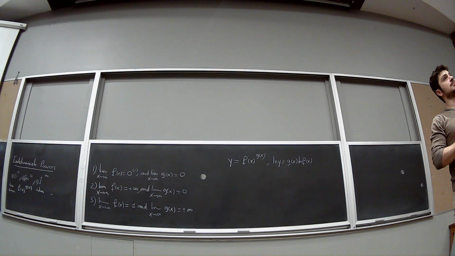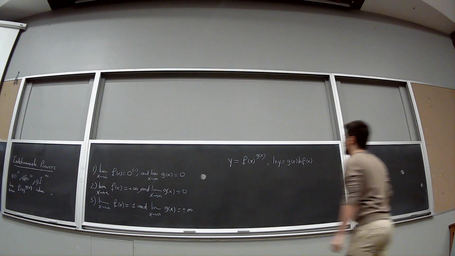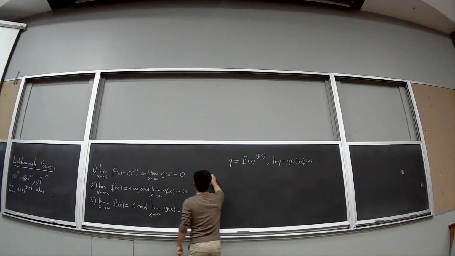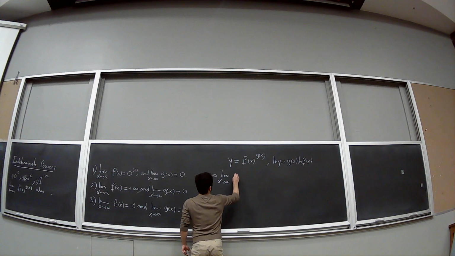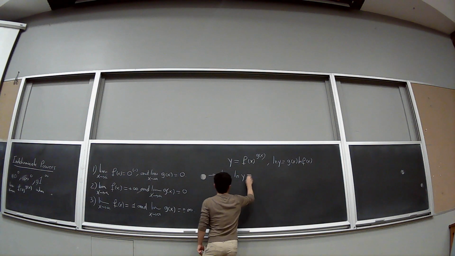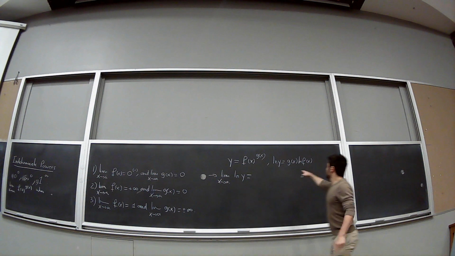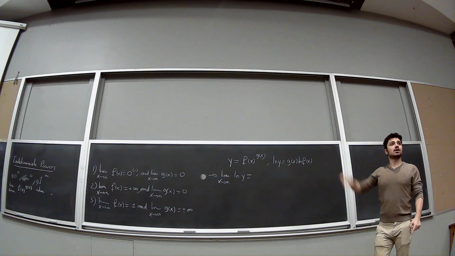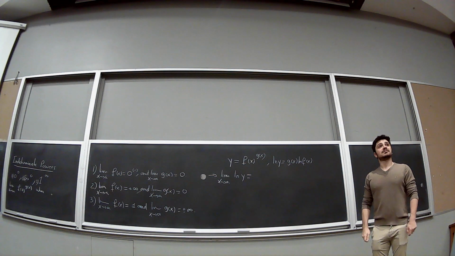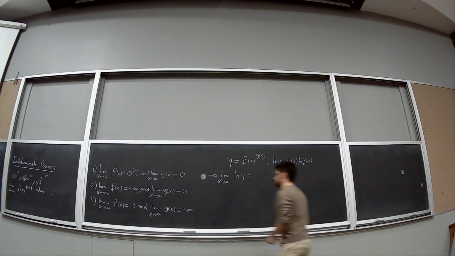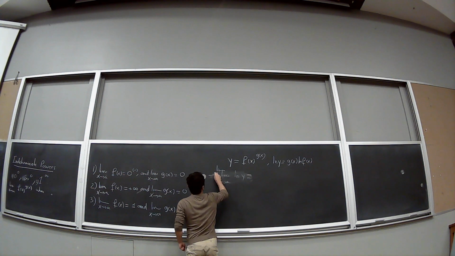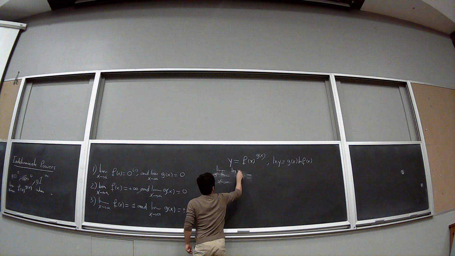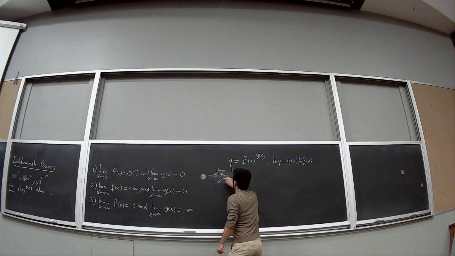You guys see this? Now, what's the limit as x goes to a of ln of y in that case? You have 0 times ln of 0 plus. What is that? The limit as x goes to a of ln of y. What is the form here?